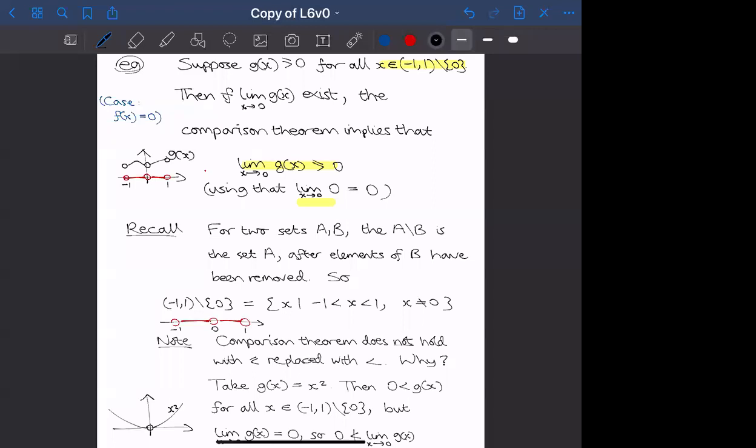So a question: why don't we need the limit of f(x) to exist in the sandwich theorem, but we do when we deduce the sandwich theorem from the comparison theorem?